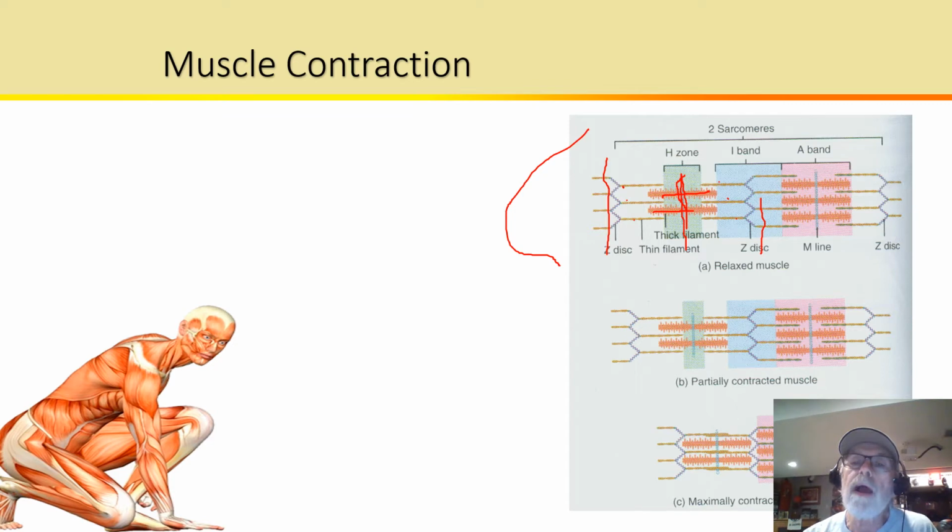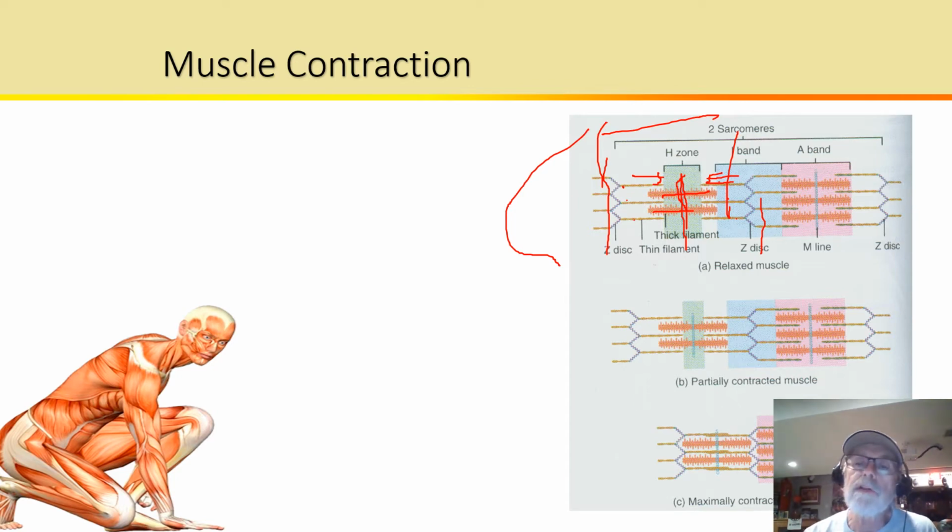As a result, the myosin pulls the actin, so this part of the myosin will pull the actin this way, and this part will pull this part of the actin this way. And as a result, the distance from one Z disc to the other Z disc, from here to here, will shorten. That's what we see with muscle contractions.